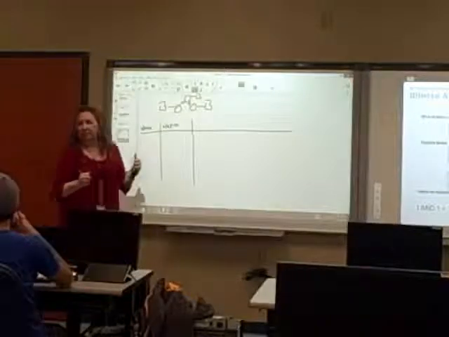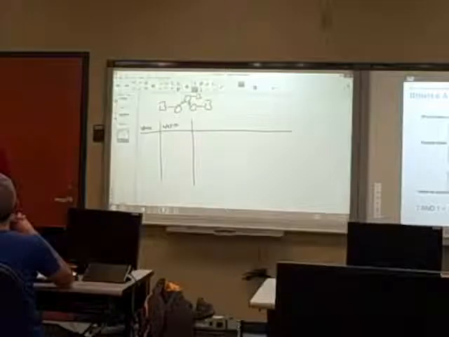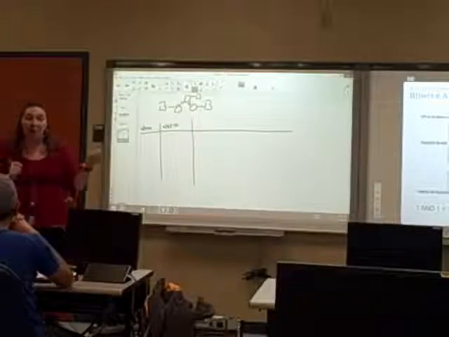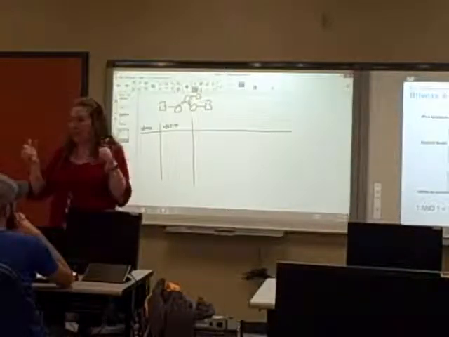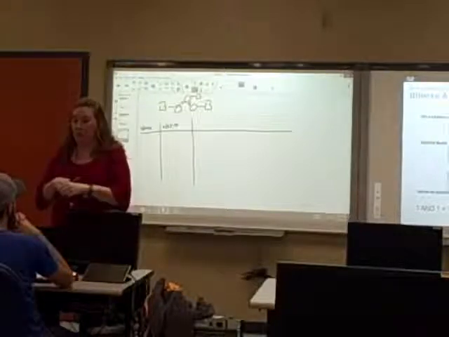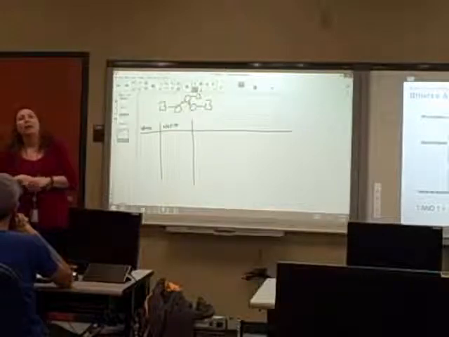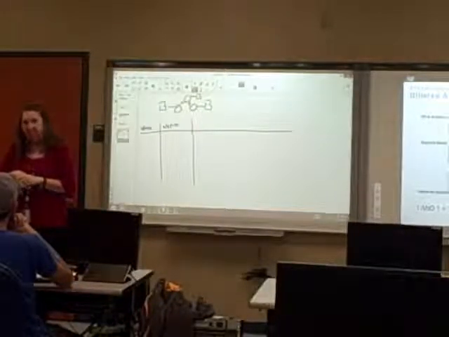Question, can we use Excel? No, you cannot. When you come in to take your test, you will show up with a pencil. I give you the paper, I give you the exam. I'll go ahead and have these devices labeled for you, so you don't even have to come in with the sticky notes to label your devices. Can we use draft paper? If I can find some, but probably not. So we can't bring our own draft?